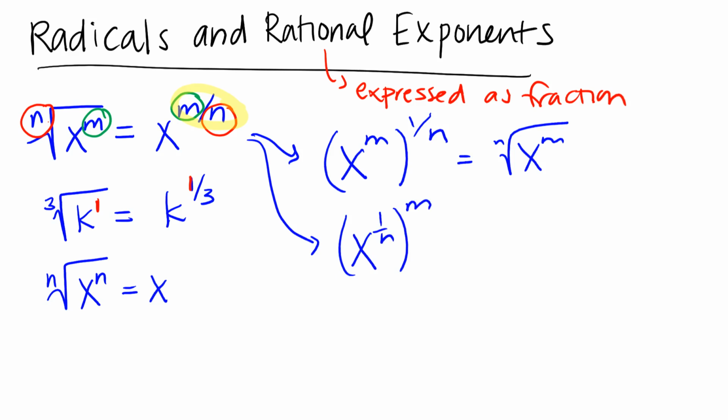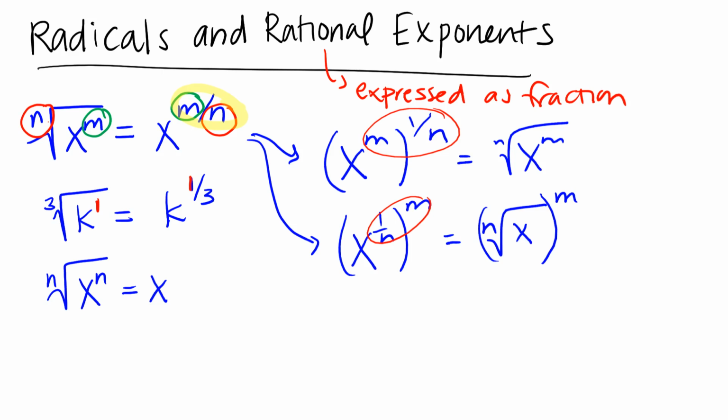So the same thing: if we multiply these 2 powers together, in either case we'll get m over n, but this one is showing us that we could take the nth root and then raise that whole quantity to the mth power. So basically, when you have powers and radicals, it doesn't matter which order you apply them in.